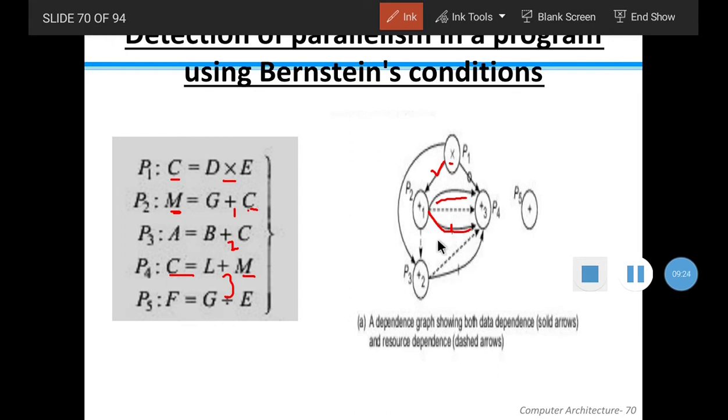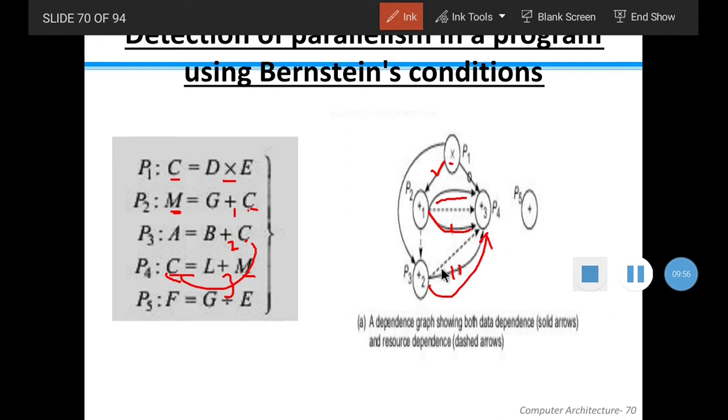And P3 and P4. If you observe P3 and P4, here also C is used as an input, so this is anti-dependency. If you see the arrow mark, the line here, this is anti-dependency.